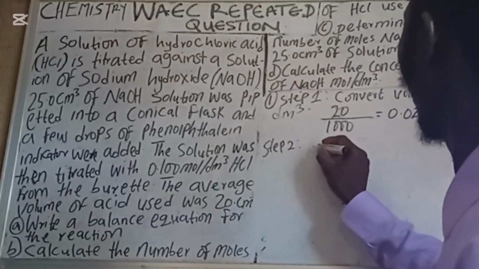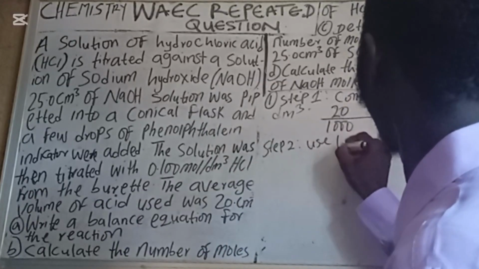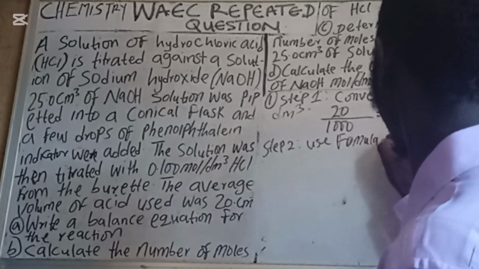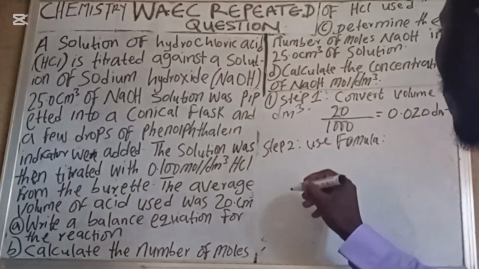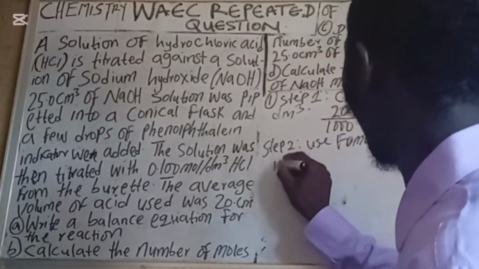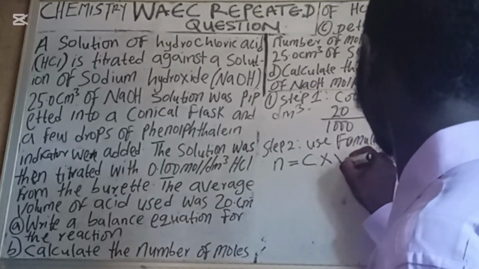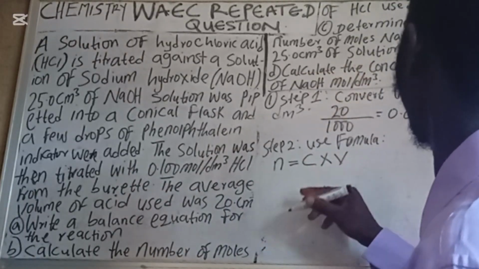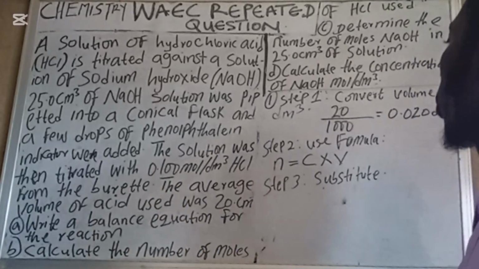In step 2, we are to use a formula. The formula we are to use in this question is n is equal to C times V, where C is the concentration of HCl in mol per dm³, and V is the volume of HCl in dm³. So step 3, we have to substitute.